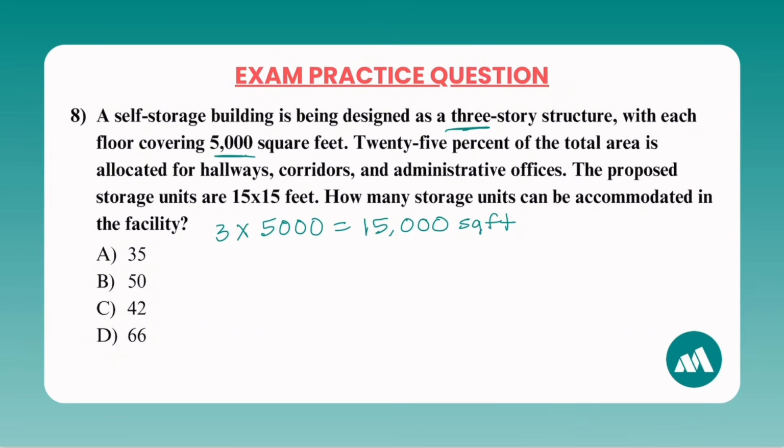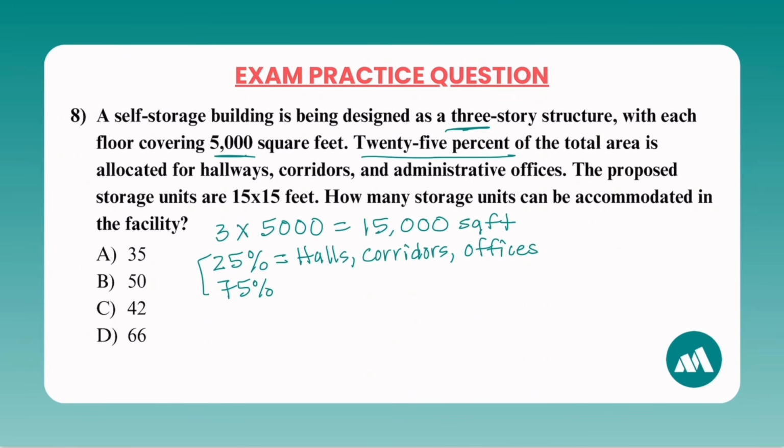Now, if it says here 25% of this building is allocated for hallways, corridors, and offices, that means that 75%, remember these have to equal 100%. So 75% is going to be allocated for the storage bins.